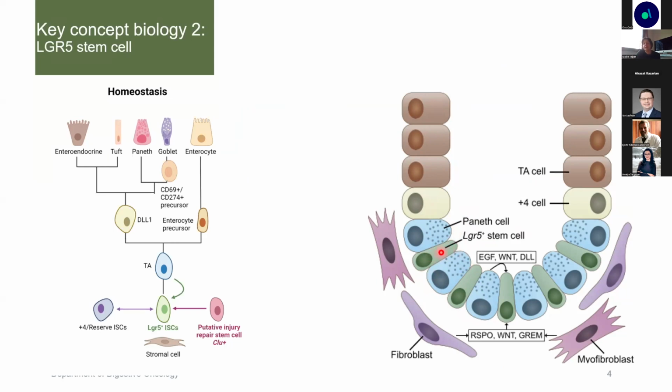That LGR5 stem cell is the only one that really acts like a stem cell population here, more or less, but its identity is determined by its position and by the feedback it's getting from these specialized fibroblasts. So the stem cell is a state we find here, and in its natural state it is dependent on the Wnt signal it's getting from these fibroblasts.